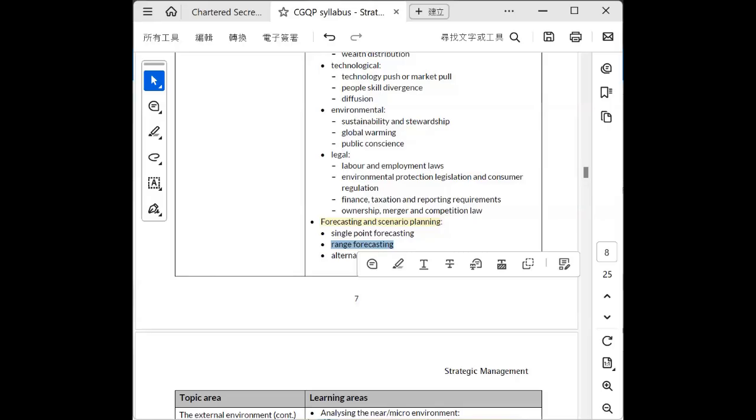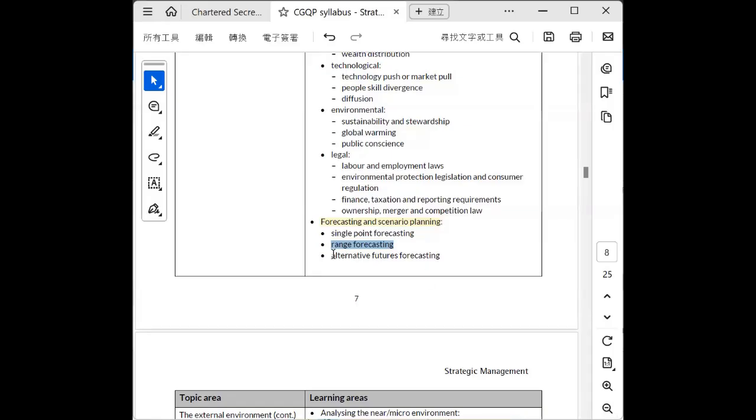So it depends on the global chain disruptions. So you're not given a single number, but you're given a range. So this gives some resource flexibilities and encourages contingency planning.